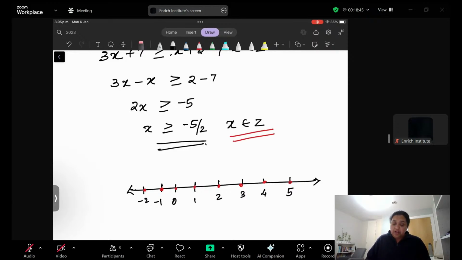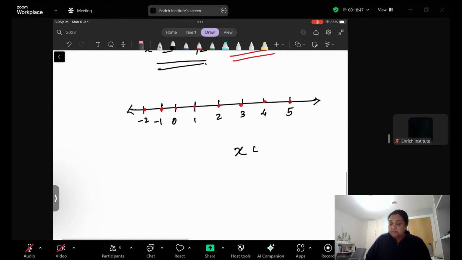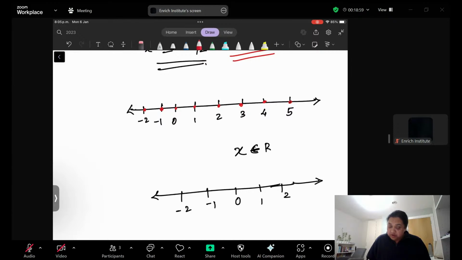But if you are plotting it with R, which is the real numbers, then you will take minus 2.5 here, and then you will draw a line like this. So this is the way in which you plot the inequality. You have to be very, very careful with this.